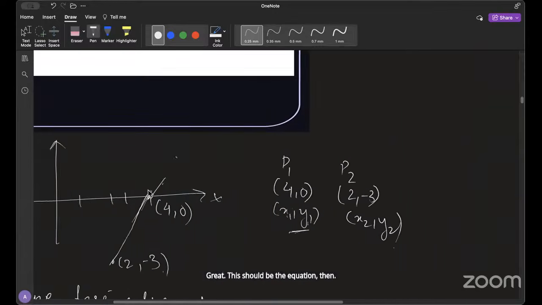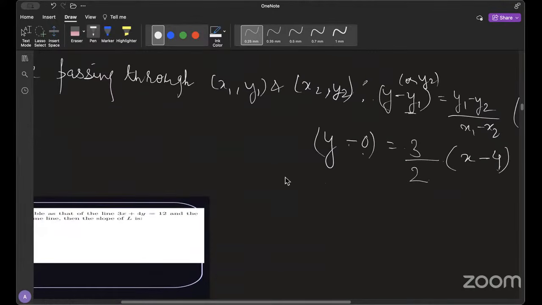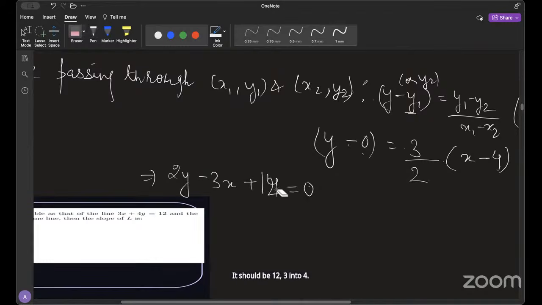Right? This should be the equation then. Let's check what's given in the options. In this form, we should take it as 2y minus 3x plus 12. Yeah, it should be 12, 3 into 4.